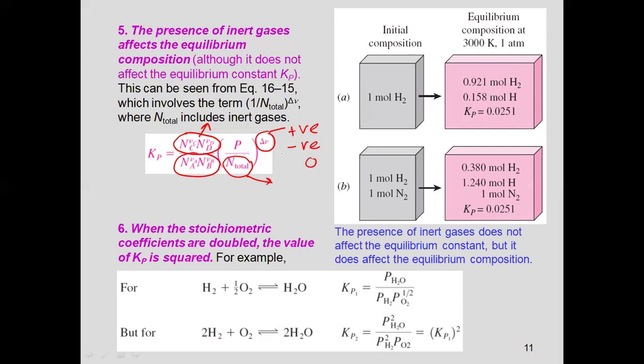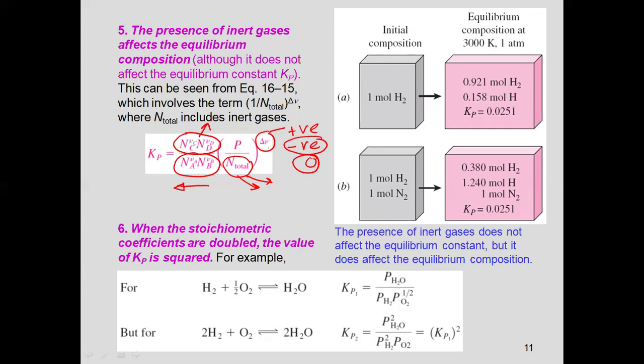Similarly, if we have this term negative, introduction of inert gas will shift the reaction towards the reactants. And if this is zero, introduction of inert gas will have no effect on the final composition. So without inert gas and with inert gas, the equilibrium composition will be the same.